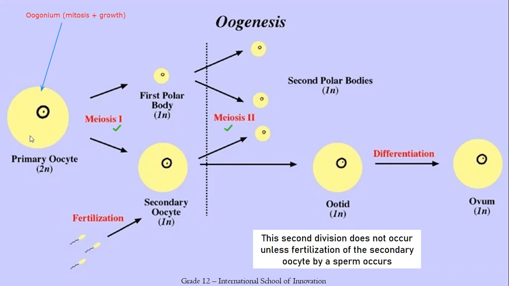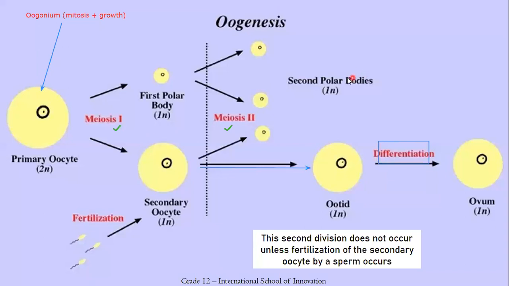If there is fertilization, this oocyte 2 will continue meiosis 2 to give an ootid, and then development of the ootid will give an ovum. This ovum is now ready to be fertilized by a sperm cell. The primary oocyte is blocked at prophase 1. Secondary oocyte is blocked at metaphase 2.